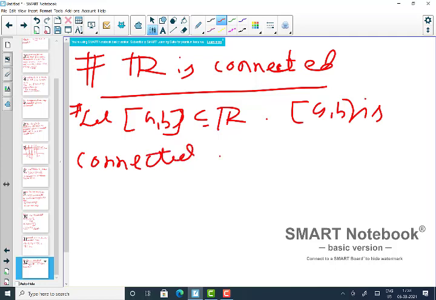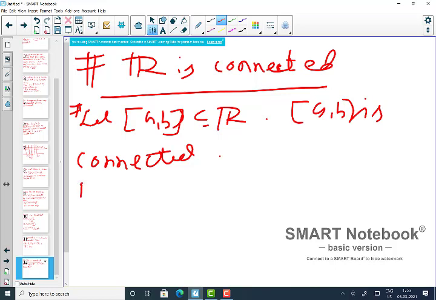Without loss of generality, I'm assuming this, and it is true for open sets also, because you can play the game with any two points, since open intervals are nothing but convex sets. So you have a closed subset sitting inside, and then you can play the same game. In fact, it is true for open, closed, everything.